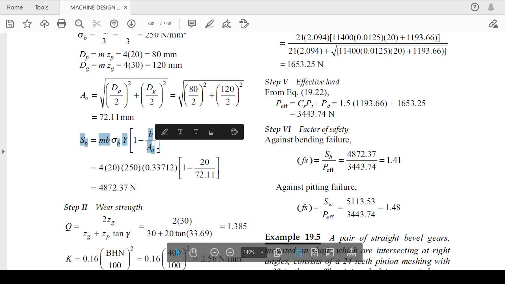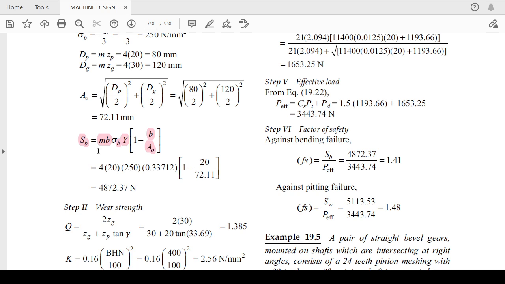This is the beam strength formula, in which the initial formula was M B sigma B Y, but the bevel factor 1 minus B by A naught should always be multiplied into the beam strength of the spur gear to get the beam strength for the bevel gear. So A naught is the square root of (dP by 2) whole square plus (dG by 2) whole square.